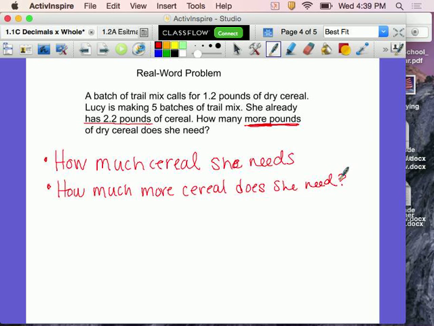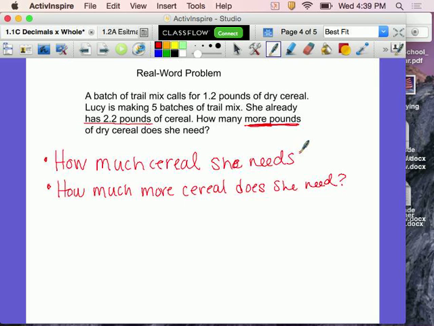So we've got 2 different questions to answer in this one problem. So be careful, a lot of times in middle school we have more than one question to answer in a word problem, which is why they get harder for people. So let's figure out how much cereal she needs.